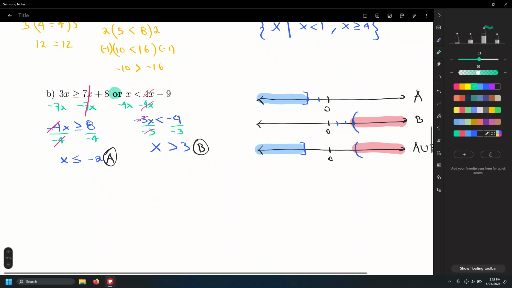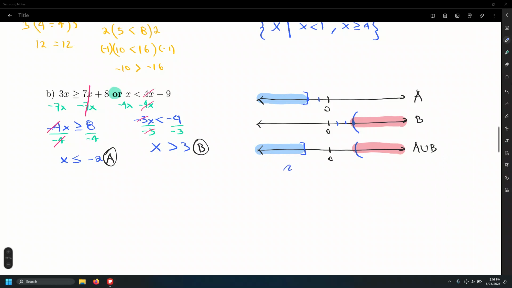Because there's nothing in between, that's where we're going to use a union symbol. Now, here is where we need to translate these inequalities into intervals, and that's what we did yesterday, Tuesday: change inequality notation into interval notation.